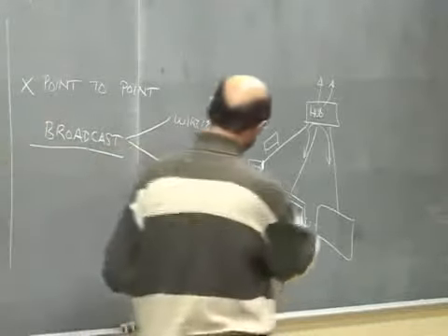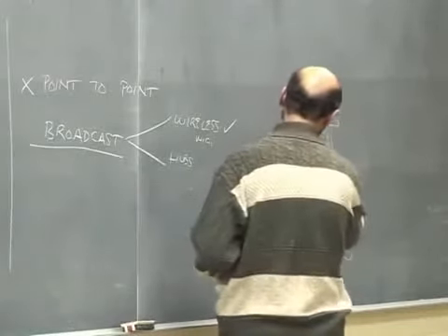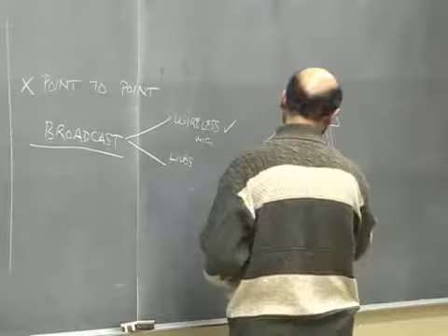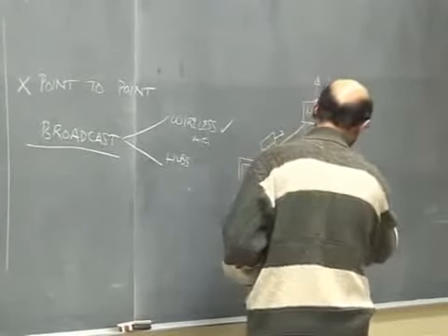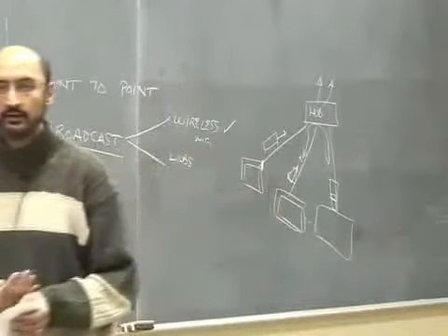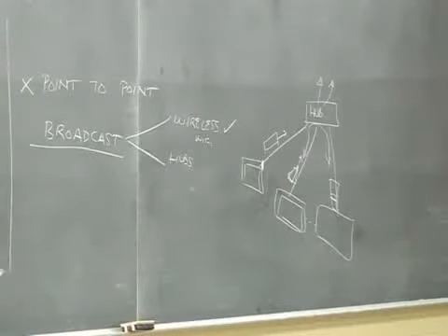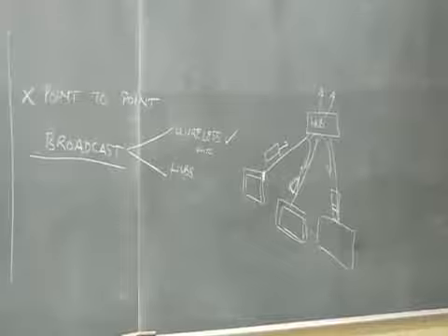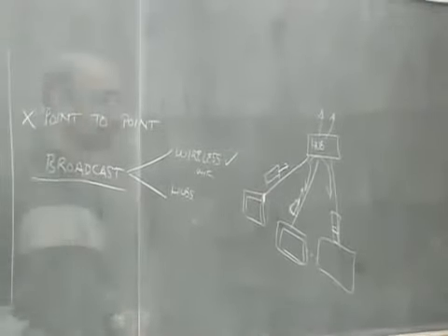Because if, for example, both of these were trying to talk to this guy at the same time, they both put a frame on at the same time, both of them would be received one on top of the other at that receiver, and they would both collide, and you would not be able to make them out. And so you'd have a collision, as they call it. And so you'd have exactly the same problem as if both of these were talking at the same time. Okay? So you want to make sure that only one person talks at the same time.